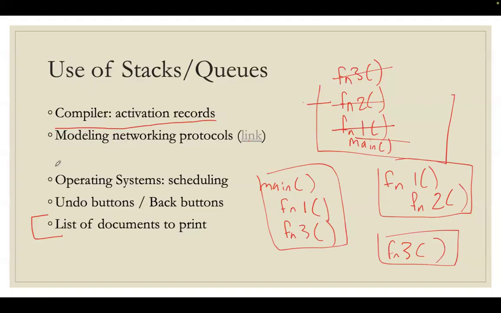For undo or back buttons, let's say I type A, B, C, D. If I undo it, is that a stack or a queue?